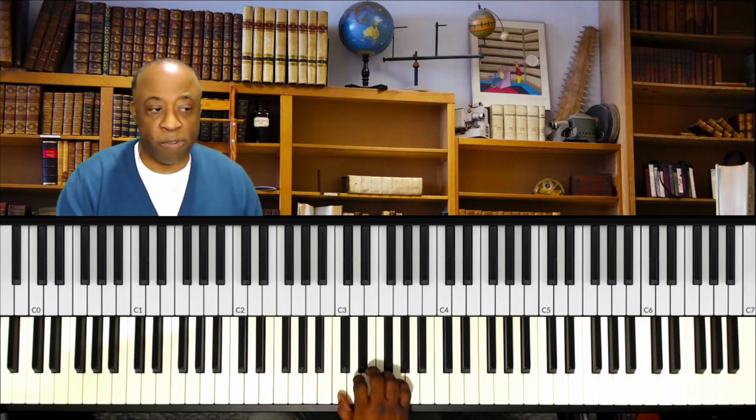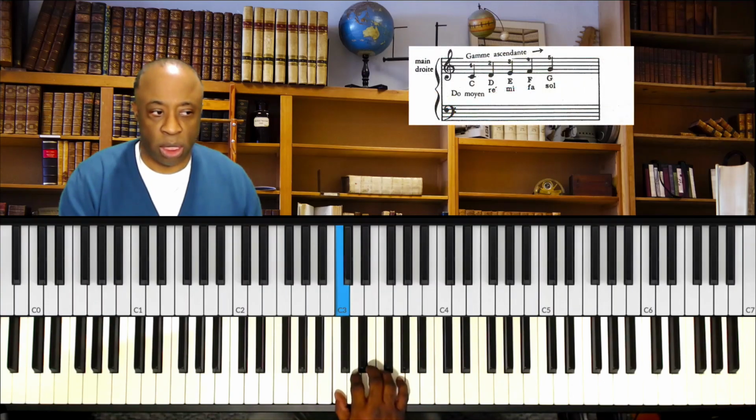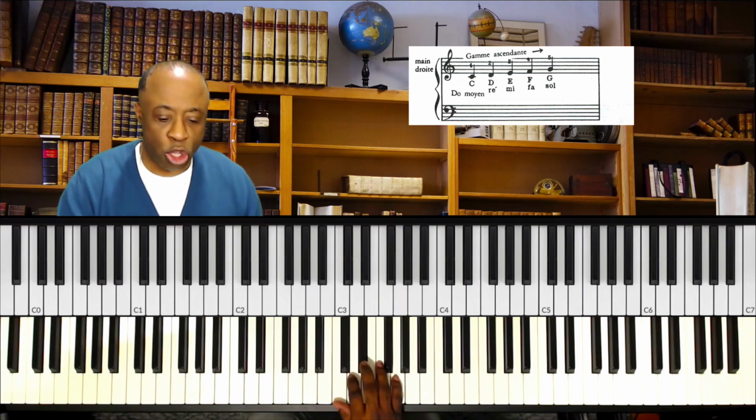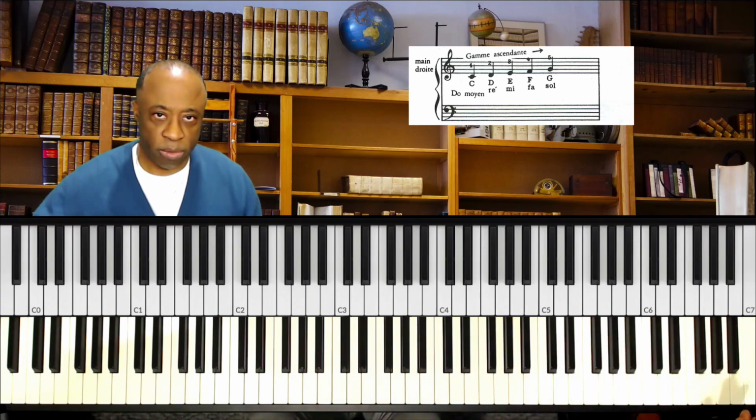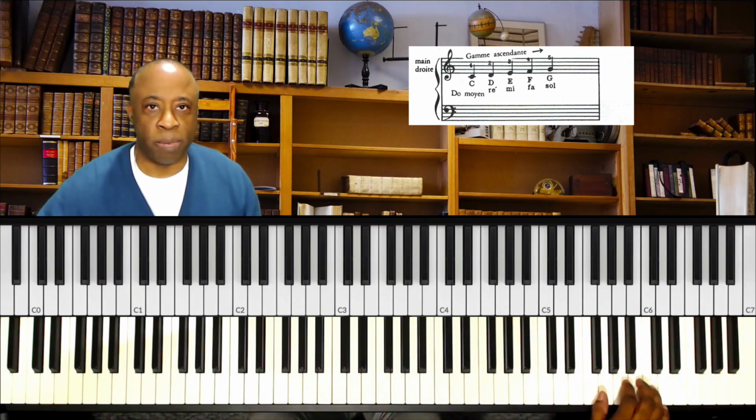So in the first application, you have C, D, E, F, G. Play it again. C, D, E, F, and G. These notes are on the treble clef, which means we need to play them with our right hand, going from left to right.